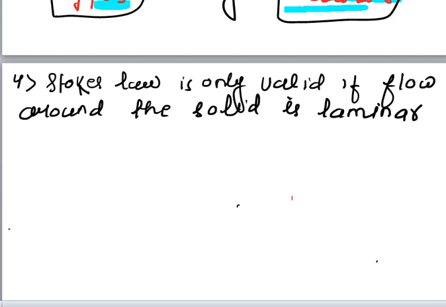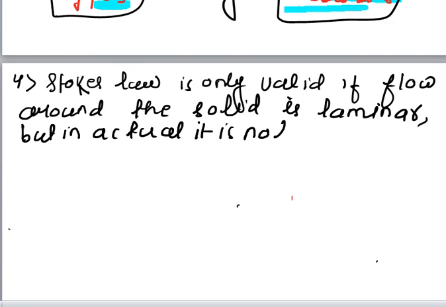If the flow around the solid falling in the infinite medium is laminar, then Stokes law is valid. But in actual it is not laminar.